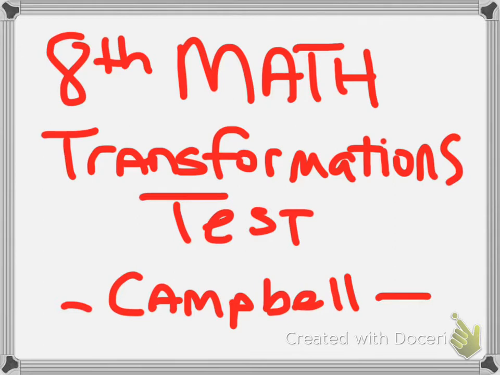B is going to be changed to (-2, 0). C is going to be (1, 0). And D is going to become (1, 5). So you need to make those corrections. B is (-2, 0). C is going to be (1, 0). And D is going to be (1, 5).